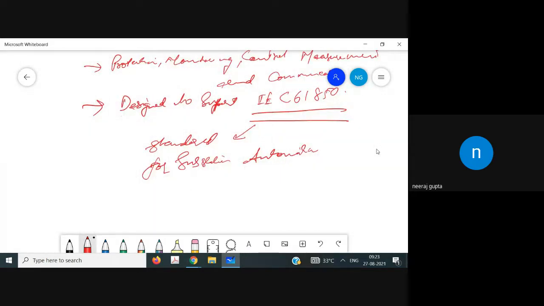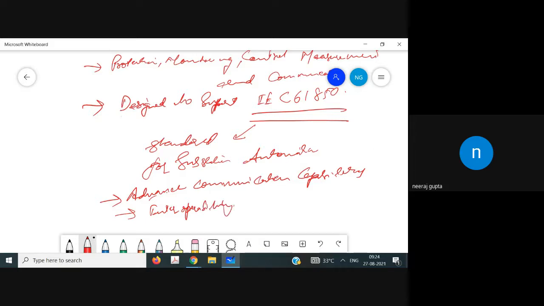So what does this standard provide? It provides advanced communication capabilities and interoperability.